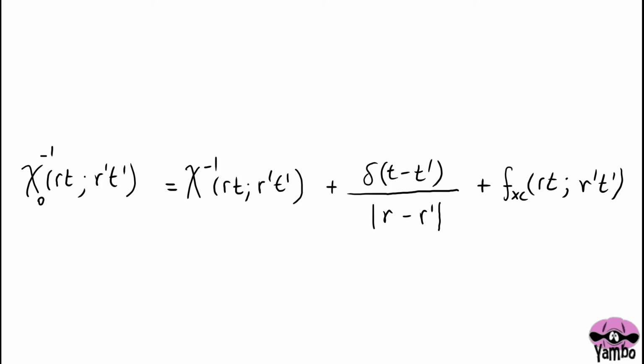On the right-hand side, the first term can be recognized to be the response function. The second term is the contribution from the Hartree potential, and the third term is the contribution from the exchange and correlation potential, what is called the exchange and correlation kernel.